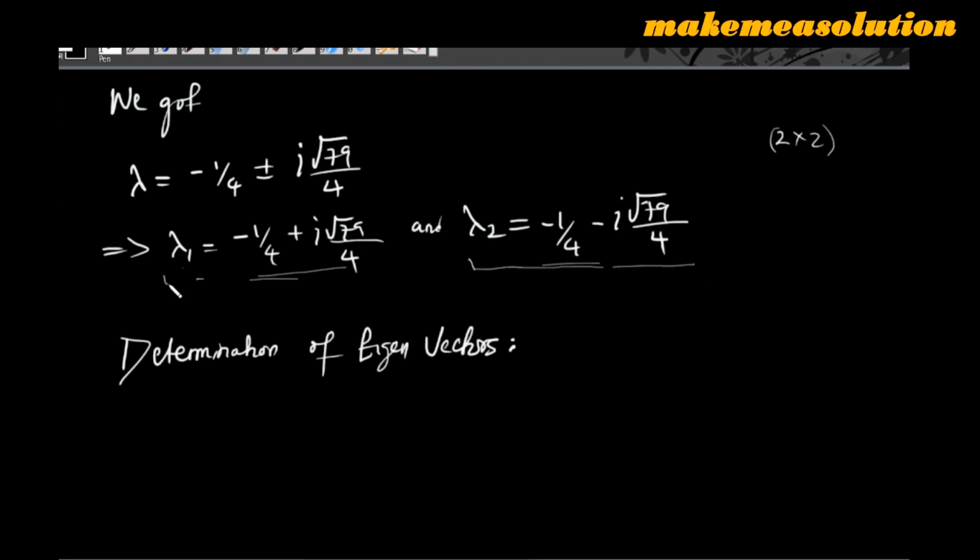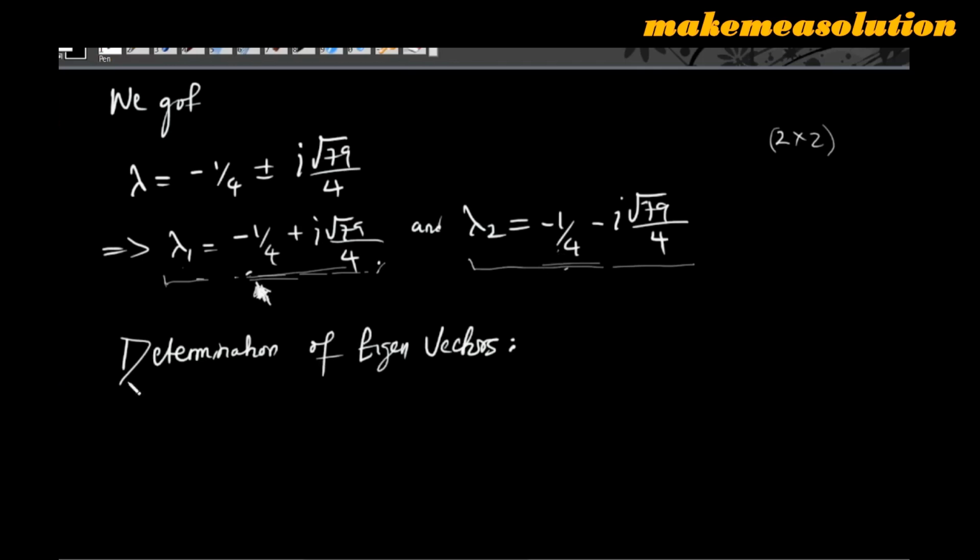The eigenvector of this one will be the complex conjugate of the eigenvector of the other. So if I find the eigenvector associated with this guy here, I'll just know that the eigenvector for the other one is the vector conjugate of this guy.